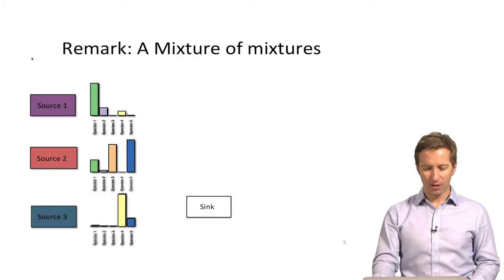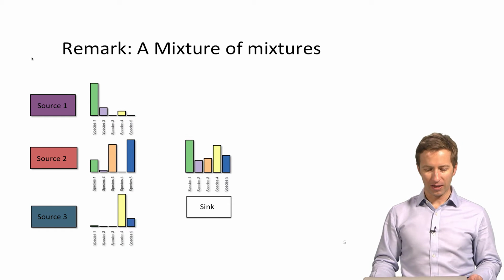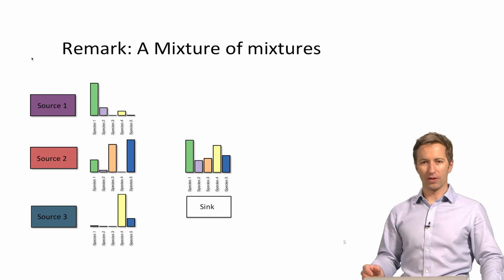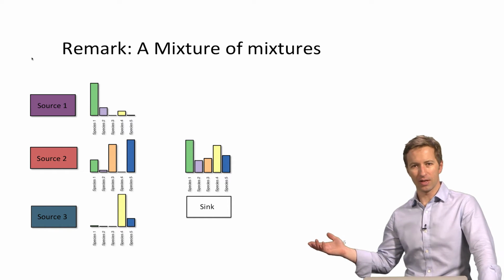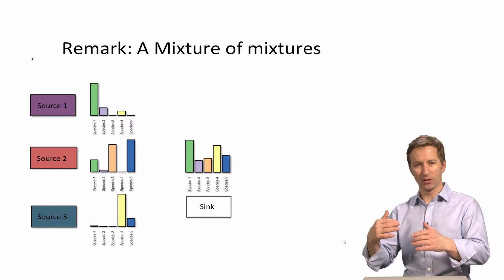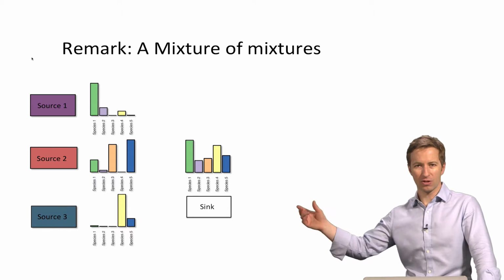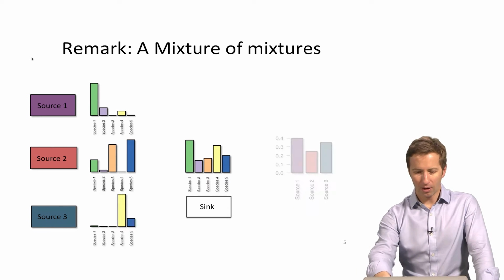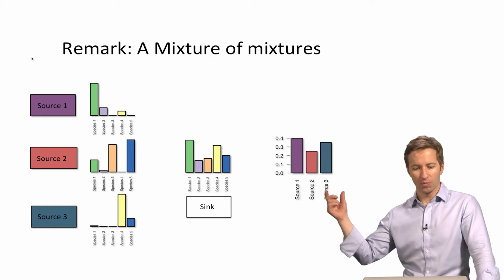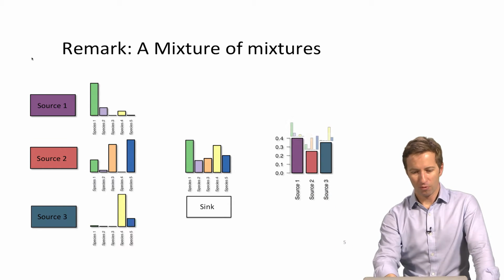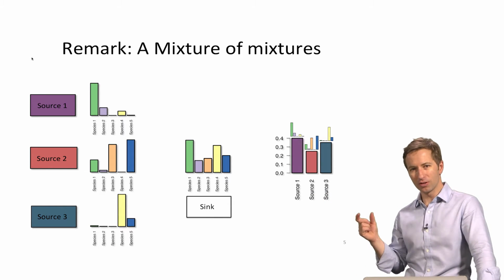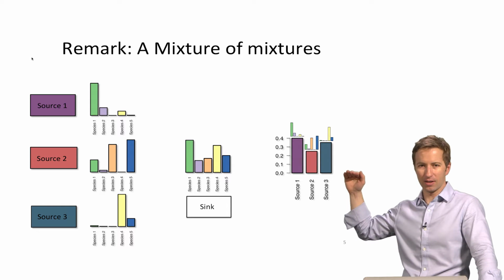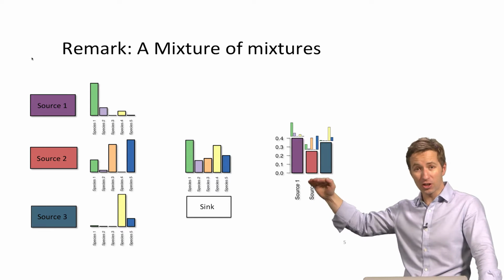And then what happens is there's some mixing event, and we end up with what we call a sink sample, that has received the mixture. And so now it has a mixture of those same species, and our goal is to recover the proportions of the sources, remembering that each of these proportions represents a whole different mixture of species.